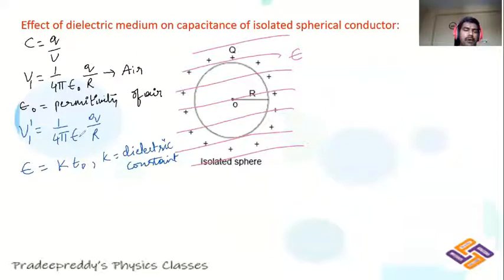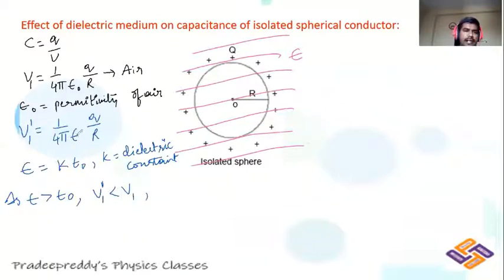Now take this epsilon and substitute over here. See, epsilon is greater than epsilon naught because it is multiplied with K. K is a positive value, it is greater than 1. So epsilon will definitely be greater than epsilon naught. Comparing this equation V1 and V1 dash, epsilon is greater, so therefore V1 dash is less than V1. Understand this clearly.